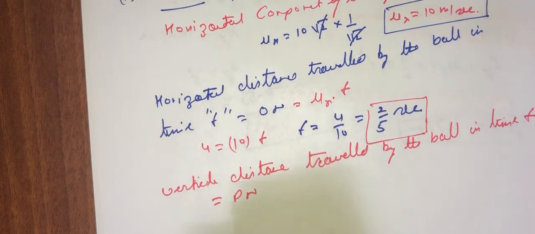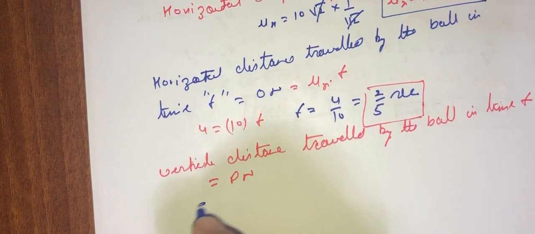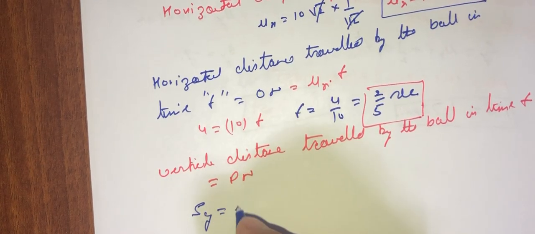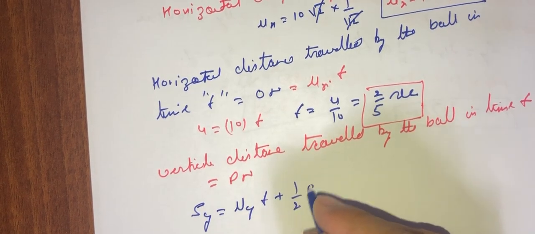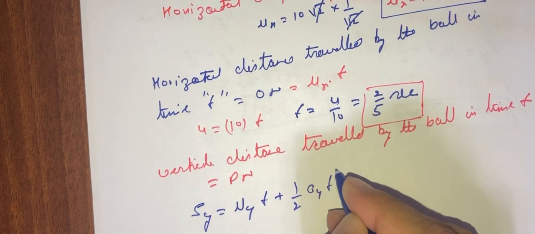So we can use the kinematics formula, that Sy is equal to uy t plus half ay t square.